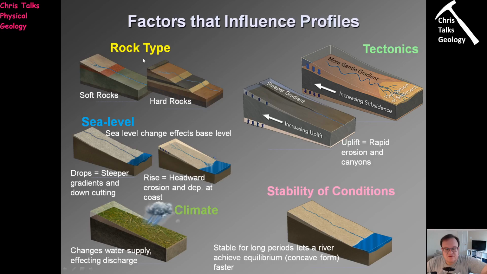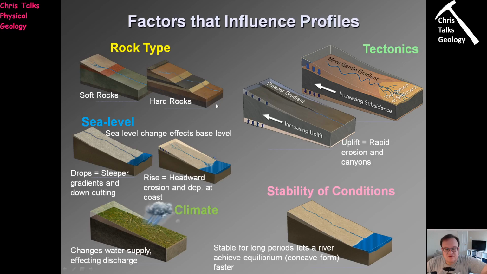In contrast, if we have a situation like over here, where we have certain layers of rock which are quite hard, in this case the hard layers of rock are going to be these tan-coloured layers here and here, we can see that where the rock is soft, it produces these relatively flat profiles, but where the rock is hard, it tends to produce these quite steep drops.